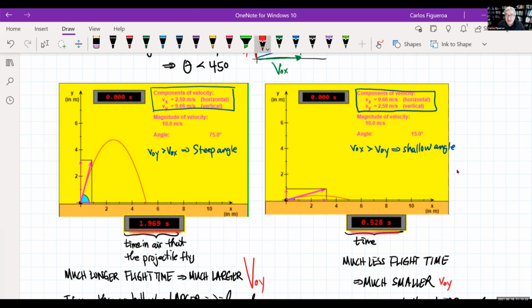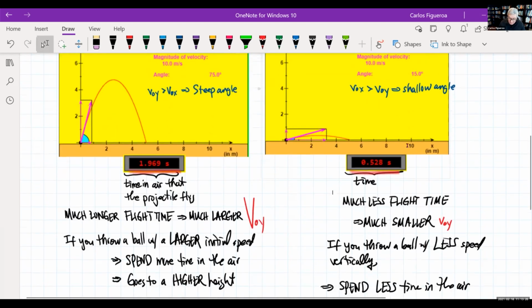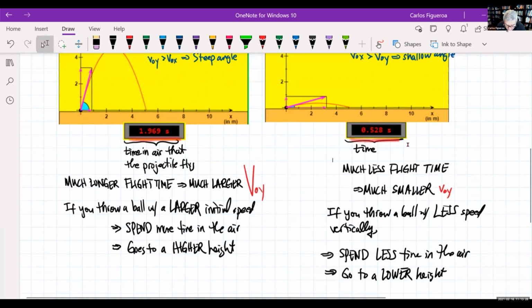So it's that V initial y that really plays the part here. If I have a much longer flight time, I have to have a higher initial velocity in the y direction. Whereas if I have a smaller V initial y, I'm going to have a smaller flight time. So it goes hand in hand.